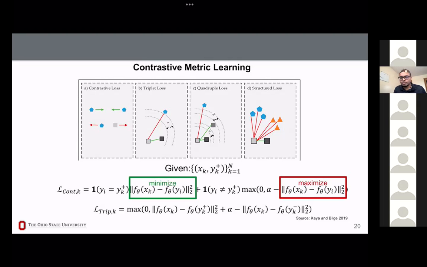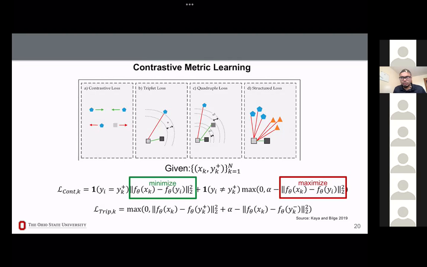Yeah, but obviously you could have just minus the second red term and it would work. But the way they formulate it, there is no additional benefit if you open the distance between them more than alpha.